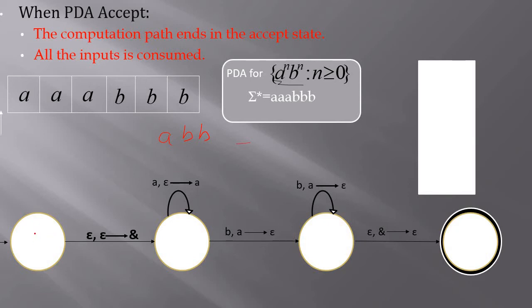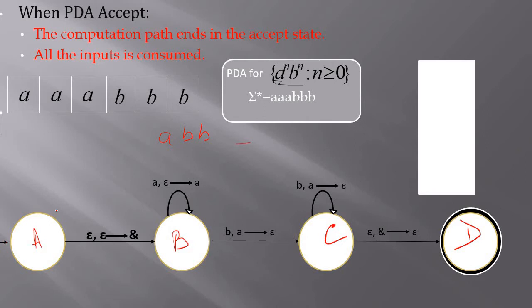Let's name the states A, B, C and D. You have to start from state A, because state A is the initial state.